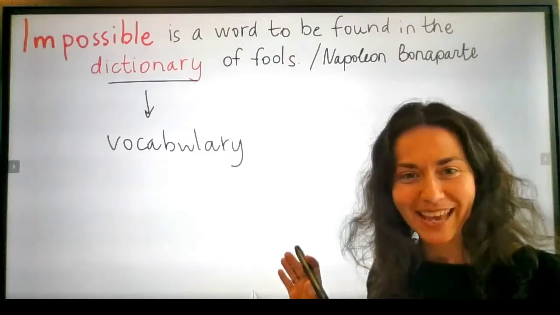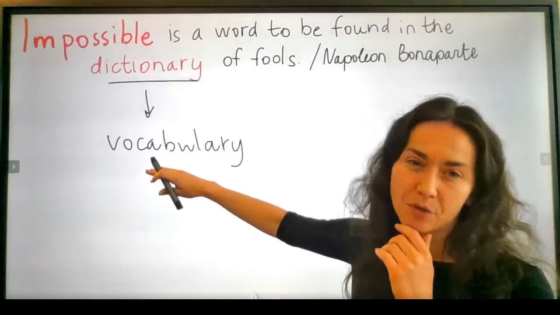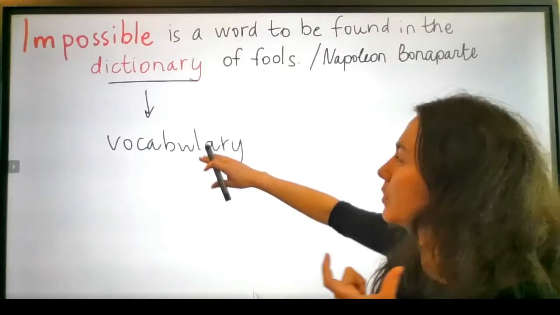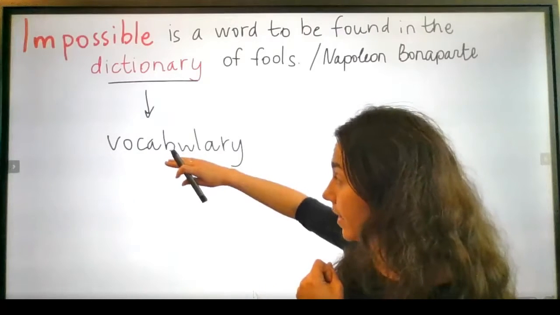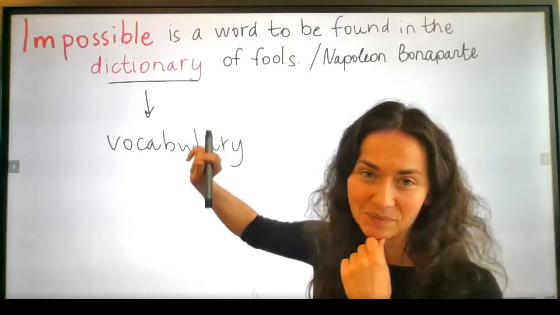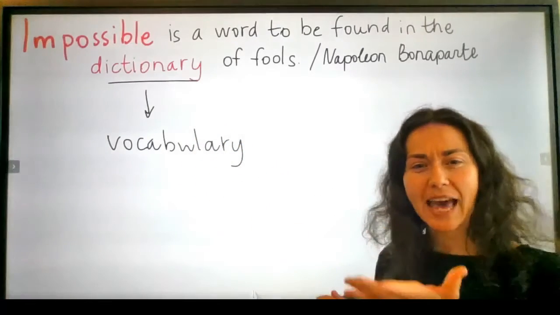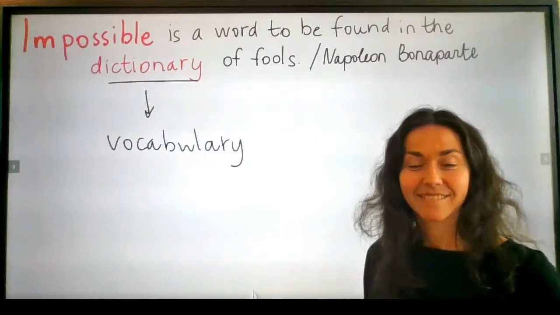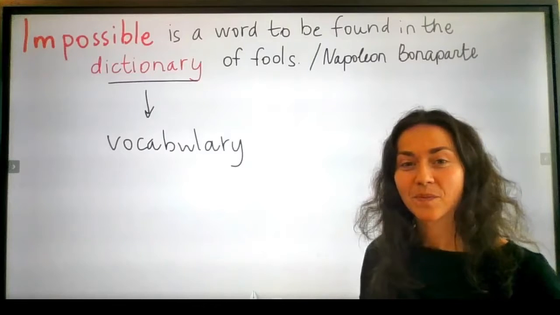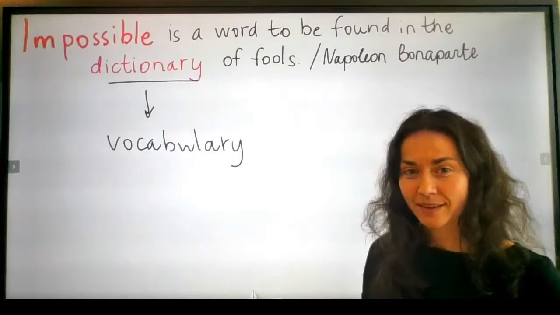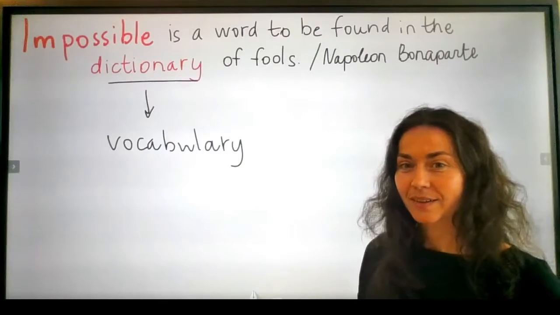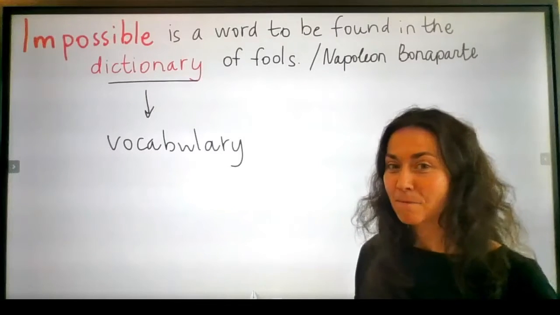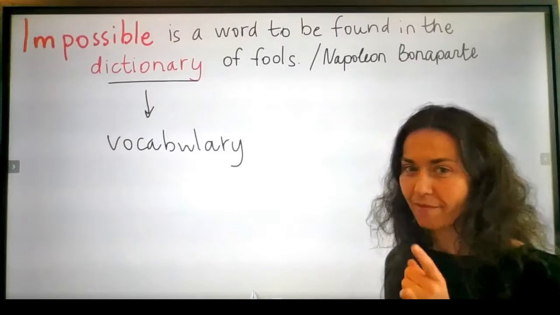Could you help me and tell what vocabulary means and what is the difference between these two words, vocabulary and dictionary? So vocabulary. Vocabulary is basically what you know, which words you know, and dictionary, it's all the English words in a book. You have a point there.